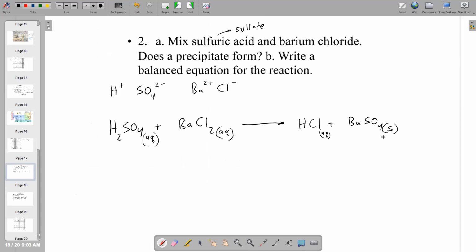That's a precipitate that forms. So when you want to make a new compound, like you want to make barium sulfate, you can take sulfuric acid and react with barium chloride, and you get barium sulfate, which is a solid. And you also get hydrochloric acid. This equation is not balanced. To balance it, you'd put a 2 in front of the HCl. And then we have 2 hydrogens and 2 chlorines on both sides, 1 barium and 1 sulfate.